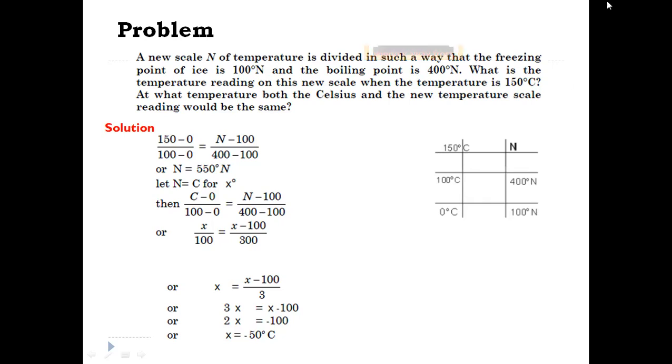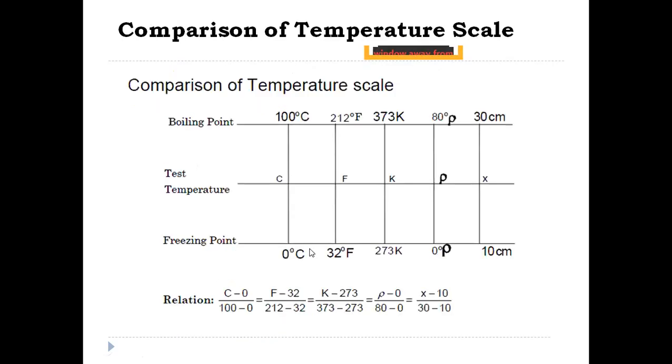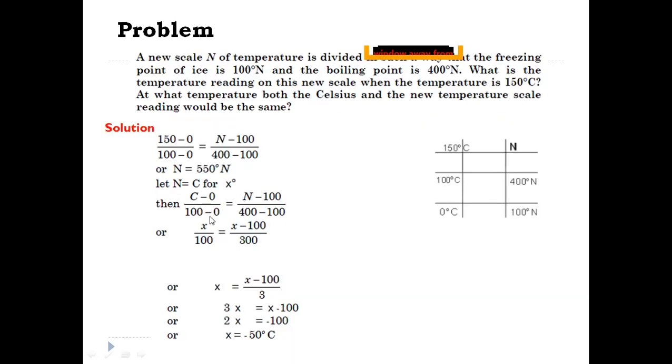So let us take the general relation here. The general relation in the centigrade scale is C minus 0 by 100 minus 0 is equal to N minus 100 divided by 400 minus 100. If we replace it, x by 100 is equal to x minus 100 by 300.